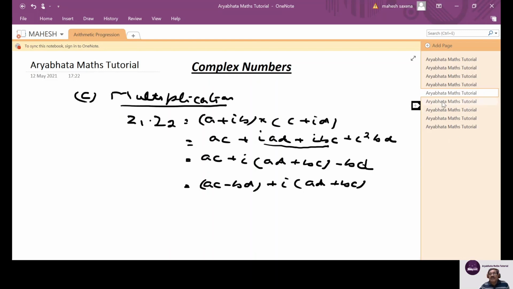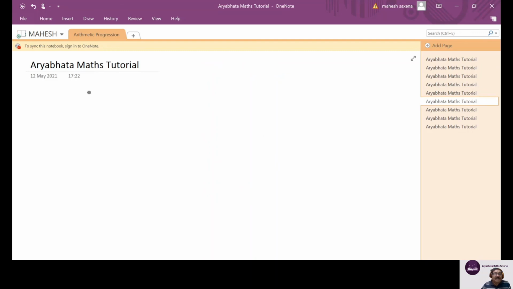Now we come to the division. Division is Z1 upon Z2. Z1 upon Z2 is equal to a plus ib upon c plus id.